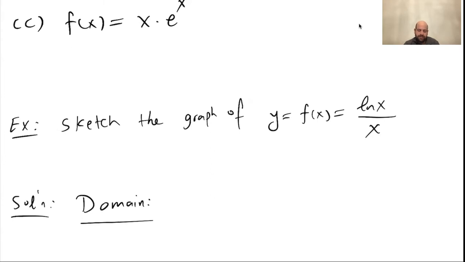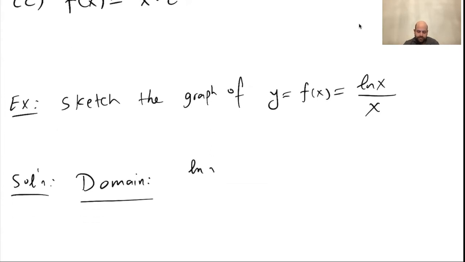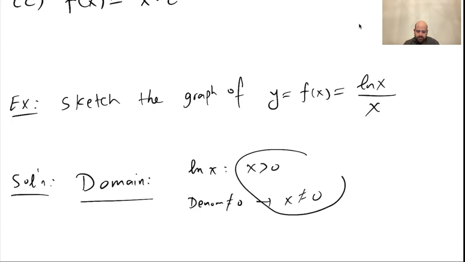And we also have denominator. So x has to be positive, denominator has to be not equal to 0. So that means x not equal to 0. So these two together, so this one and this one, right? But if x is bigger than 0, well, it's automatically not equal to 0, right?